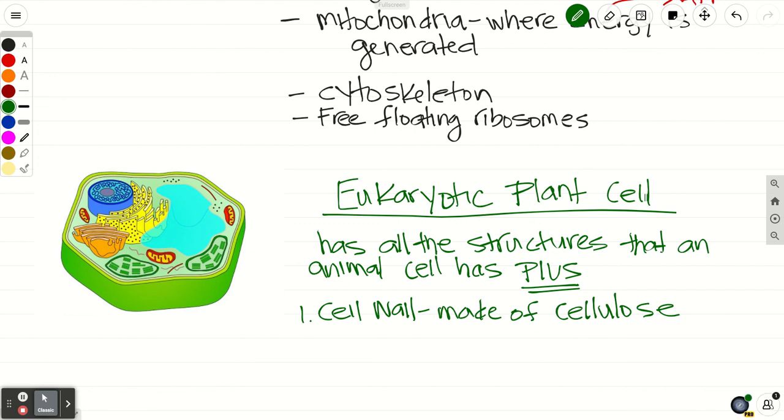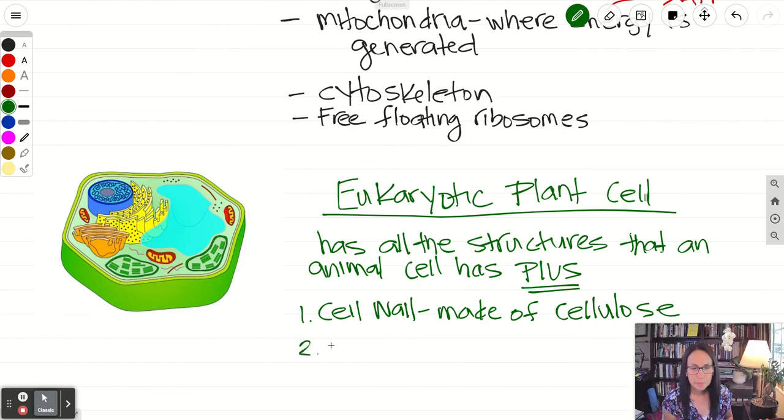The second thing that a plant cell has is this huge water bubble here. It's called a central vacuole. It is this big white pool in the middle, and what it does is it holds water.